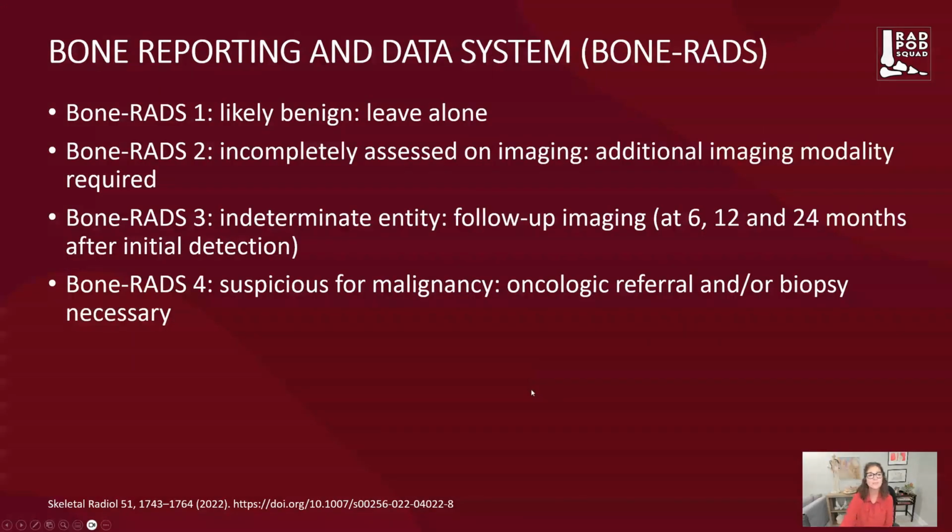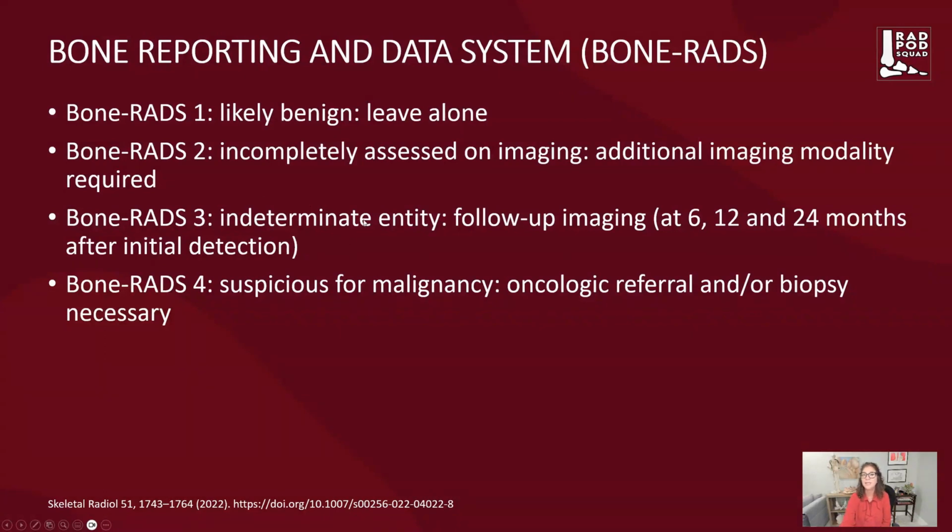Now let's turn to bone reporting and our data system called BoneRads. This has been recently published and really helps the clinician to determine how we're going to assess whether a lesion needs future imaging, whether it's benign, or does it need to go on to a biopsy. And the categories go 1 through 4 depending on whether or not we're going to leave it alone, it's likely benign, or it may be benign but it's incompletely assessed and we'll need additional imaging to figure that out, or we can't tell.